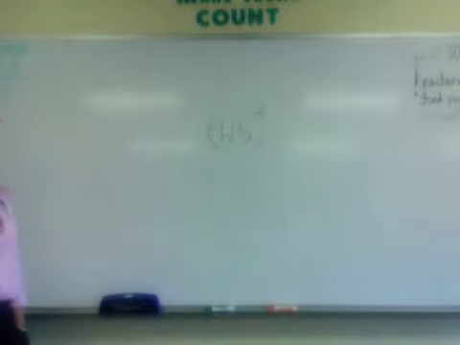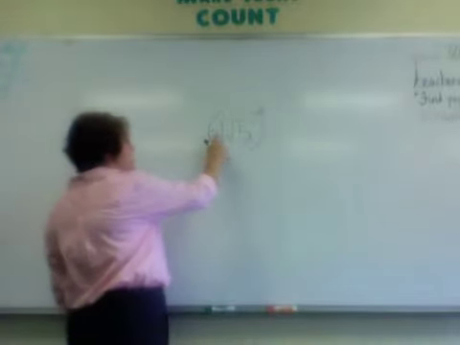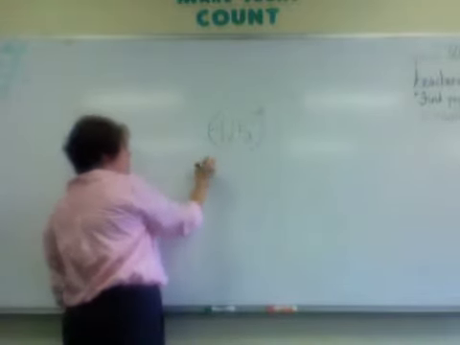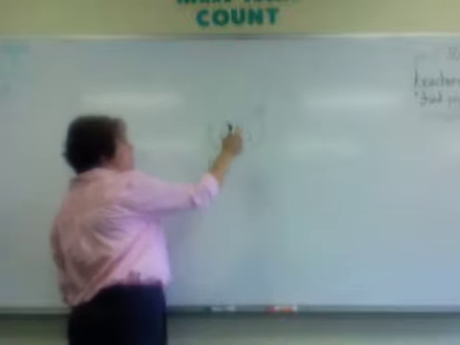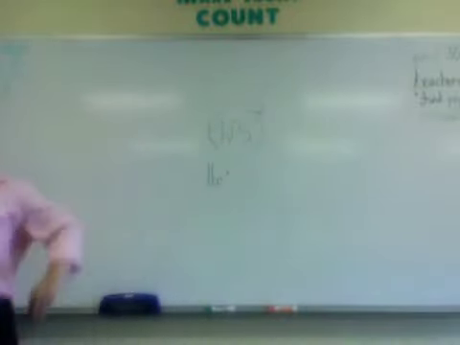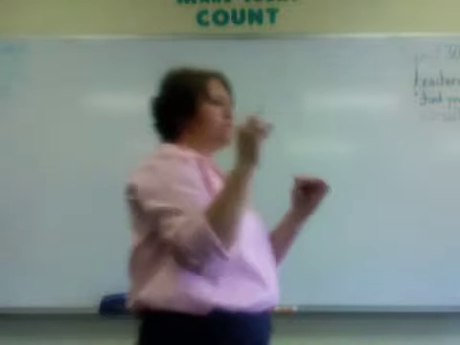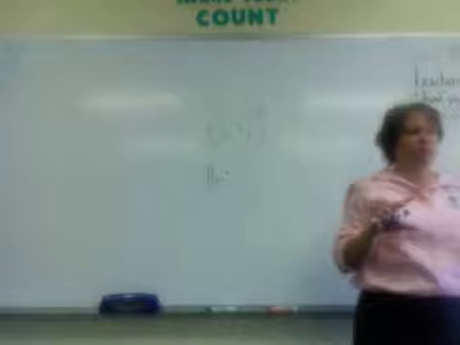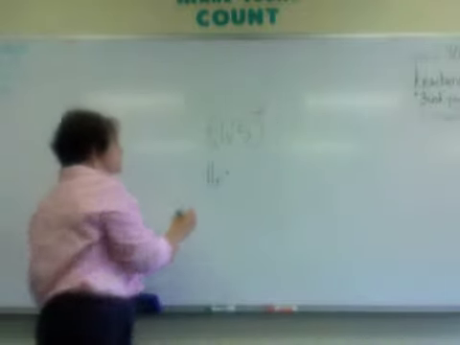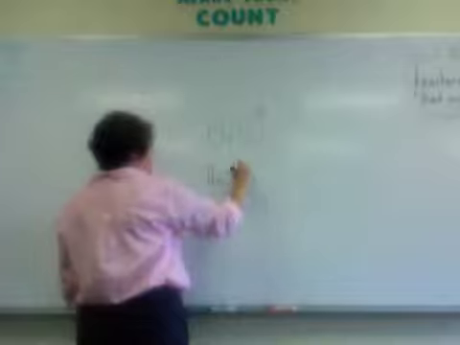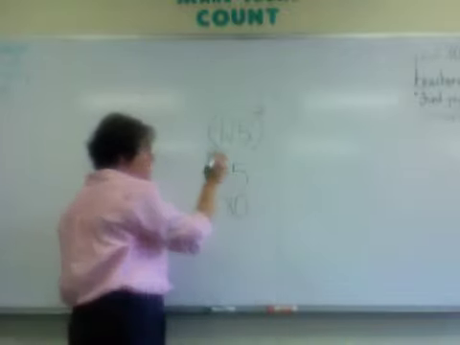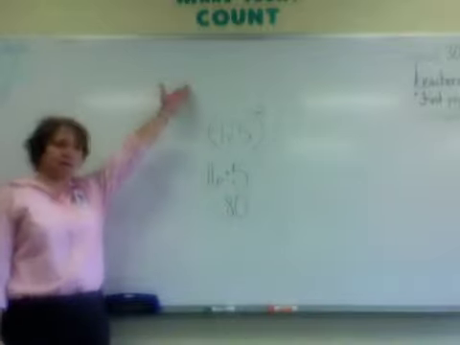It's 16 times 5, because it's 4 squared times the square root of 5 squared. The square root and square are inverse operations of each other, so they undo each other. So you simply have 5. It's 16 times 5, which is 80. Isn't that what we started out with?